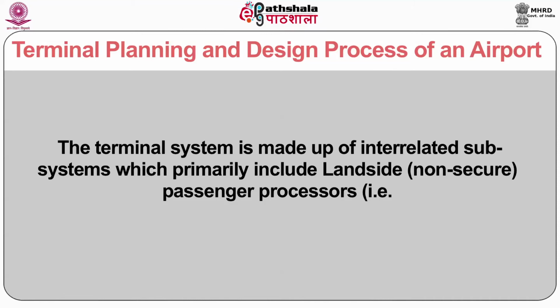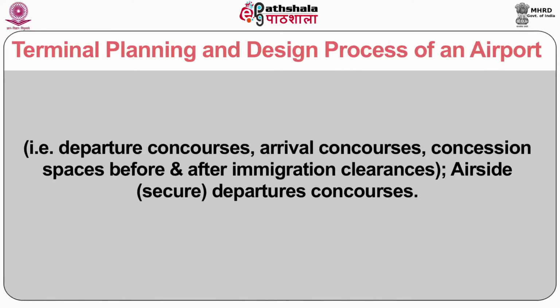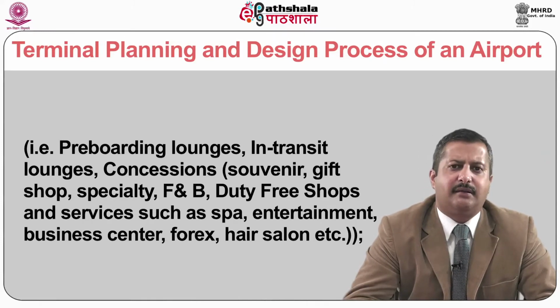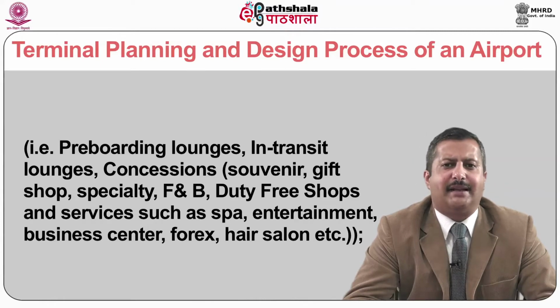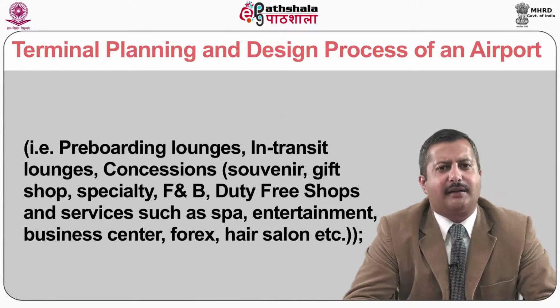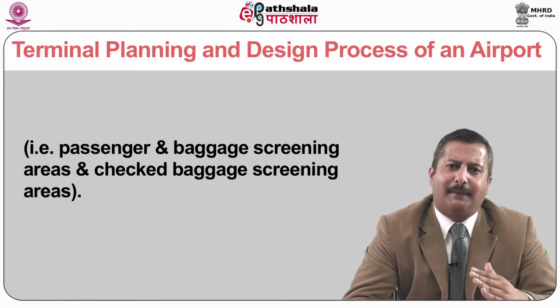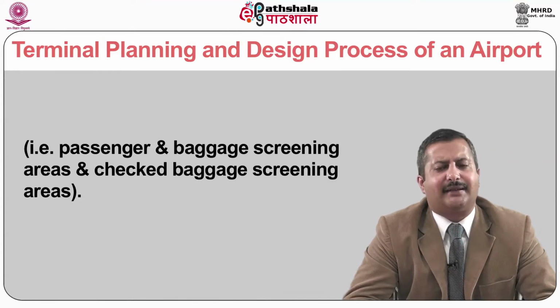The terminal system is made up of interrelated subsystems which primarily include landside, that is non-secure, passenger processes, that is departure concourses, arrival concourses, concession spaces before and after immigration clearances, airside secure departure concourses, that is pre-boarding lounges, in-transit lounges, concessions which include souvenir gift shops, especially F&B, duty-free shops and services related to spa, entertainment, business centers, forex, checked baggage handling areas that involve baggage loading and unloading areas and government check areas which include passenger and baggage screening areas and checked baggage screening areas.